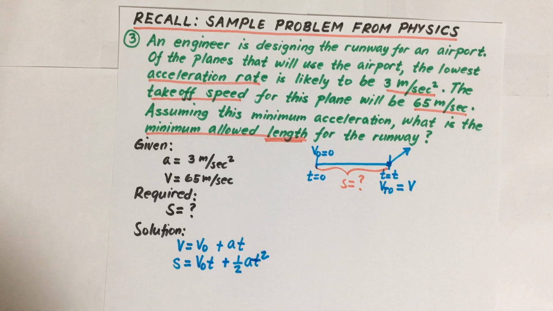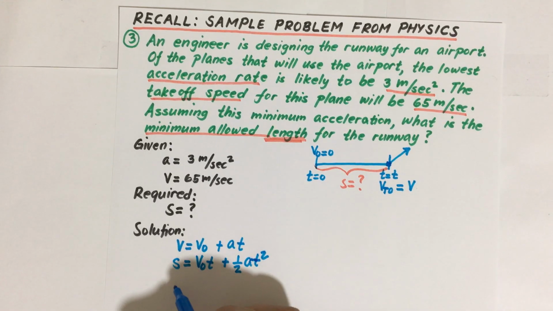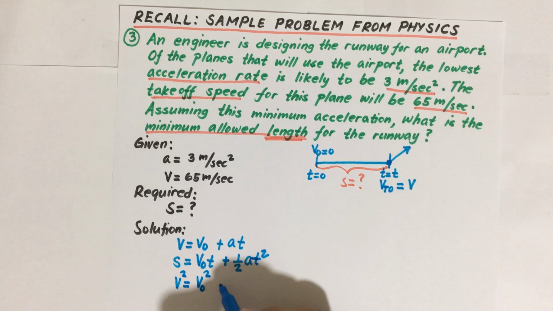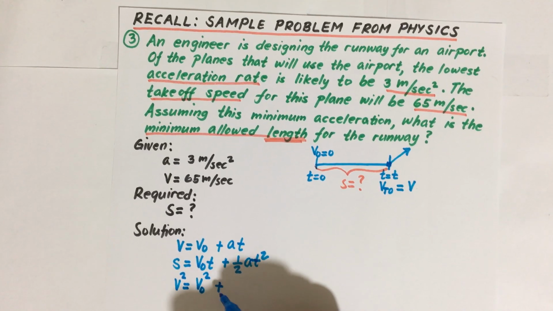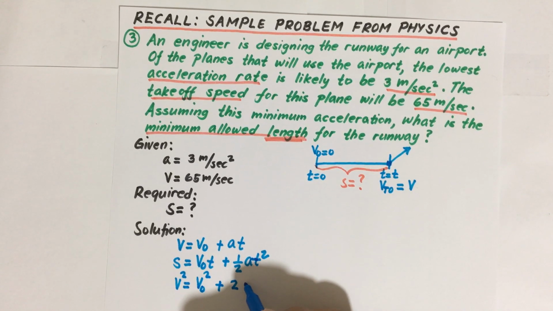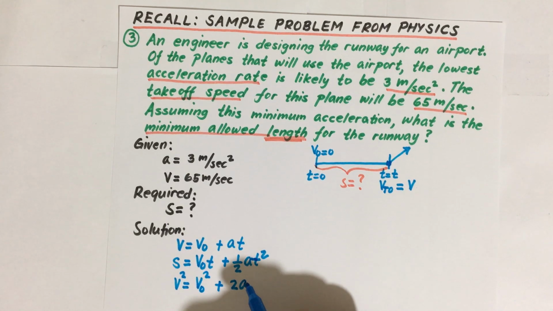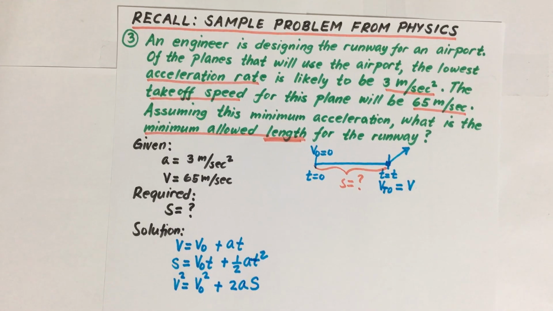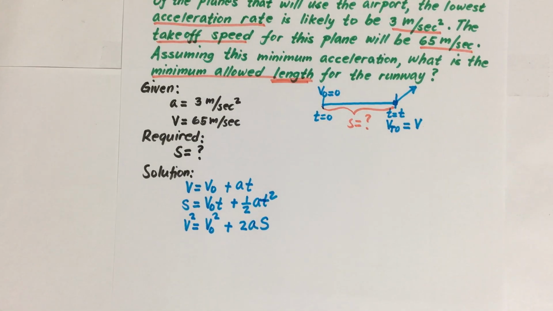Okay, and then another formula, we have the square of the final velocity, v squared, equal to the square of the initial velocity plus twice the acceleration multiplied by the displacement. Right, so these are the formulas that we need to remember.